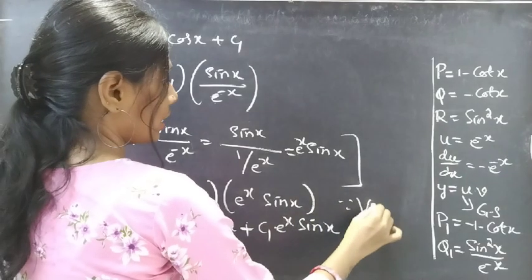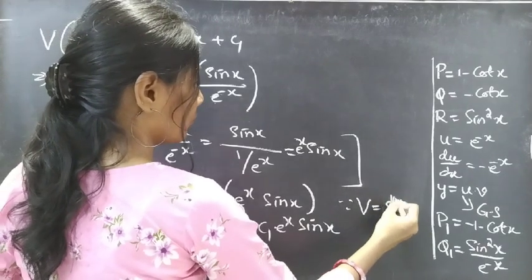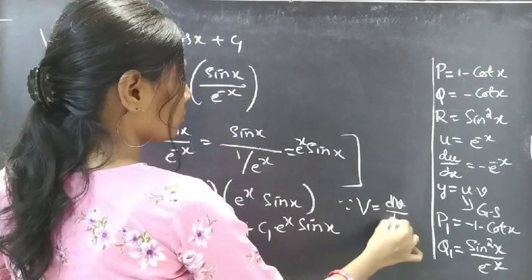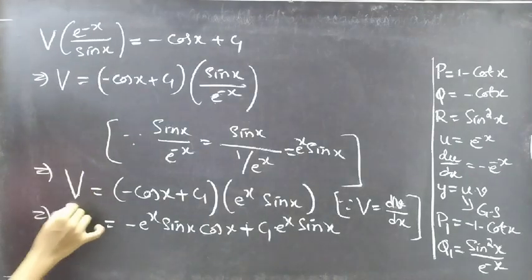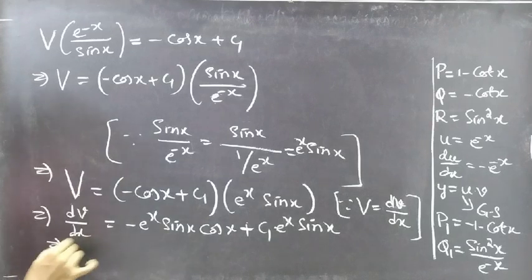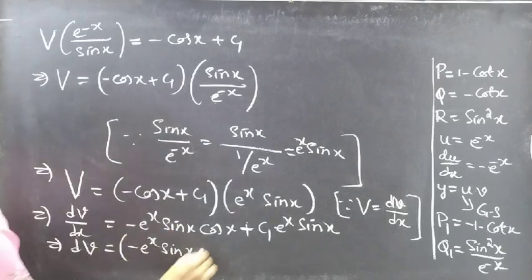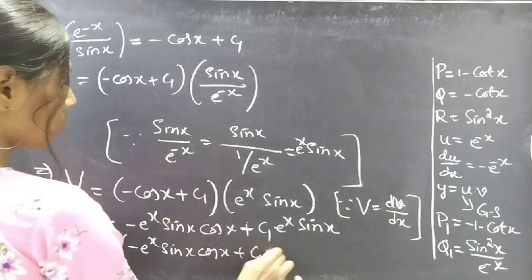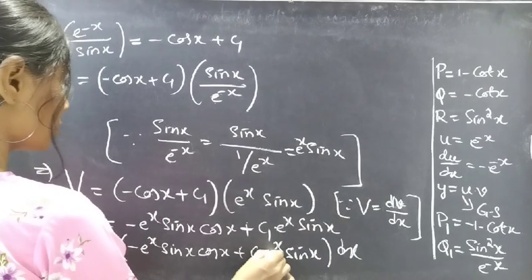Since we know that capital V equals dv by dx, the differential of small v, let's replace capital V with dv by dx. Now we are going to separate the variables. We'll just take this differential dx to the RHS, so that dv equal to minus e power x sin x cos x plus c1 e power x sin x into dx.